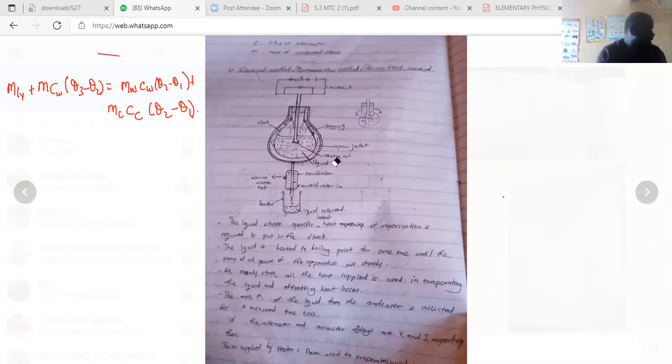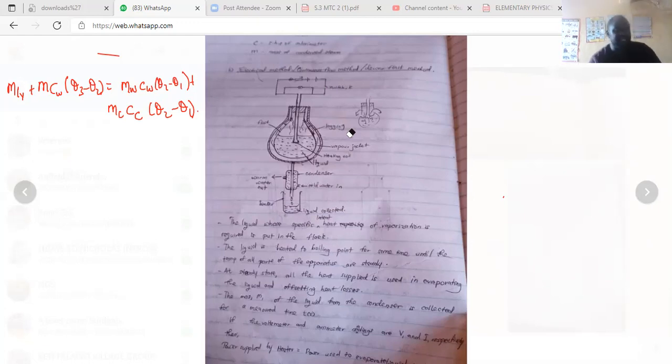The liquid whose specific latent heat of vaporization is required is put in a flask. The liquid is heated to its boiling point for some time until the temperature of all parts of the apparatus is steady.